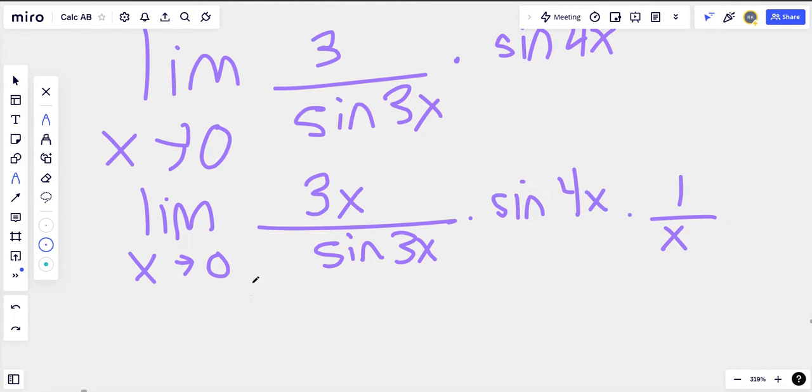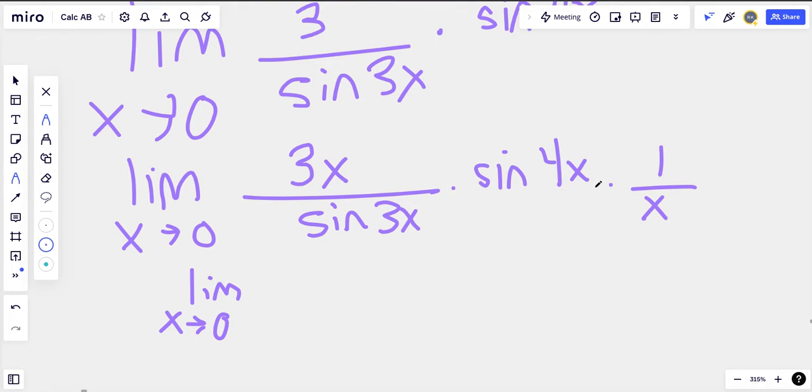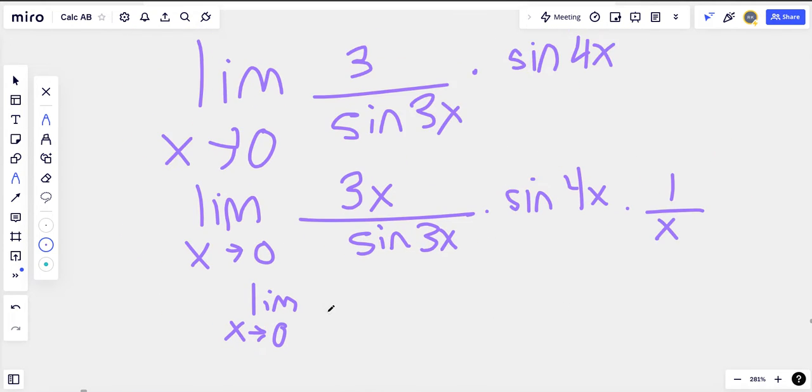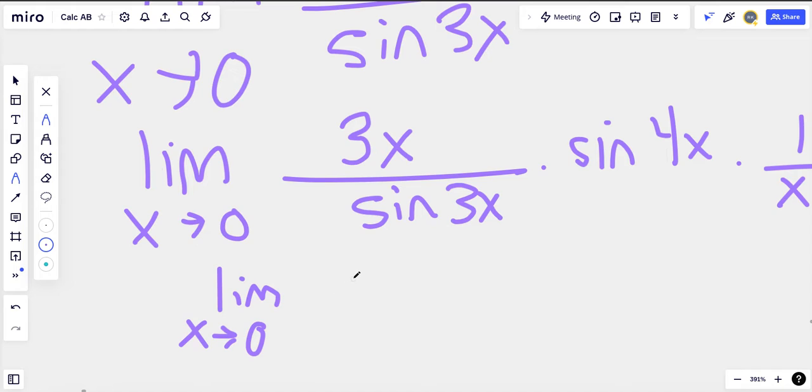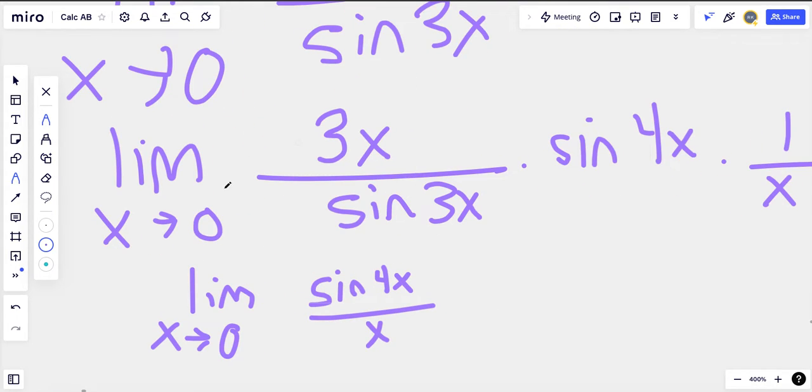So we keep our limit, but we know this is 1. We keep our limit because we're still solving the rest of this. So now we still have to solve what is sine 4x over x. Okay, this term got eliminated because this is 1. 1 times anything is this thing.